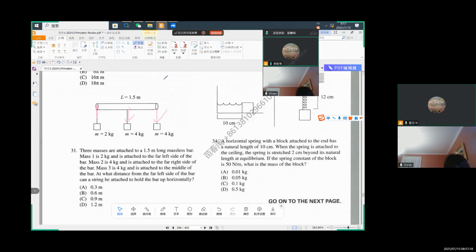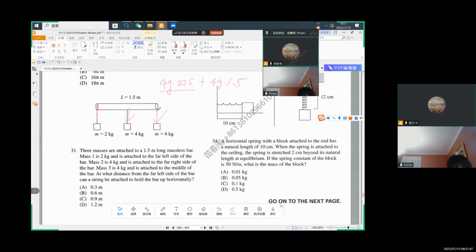I can use 4 for this one. 4 times 0.75, of course times g, 4g times that, right? And plus 4g times 1.5.